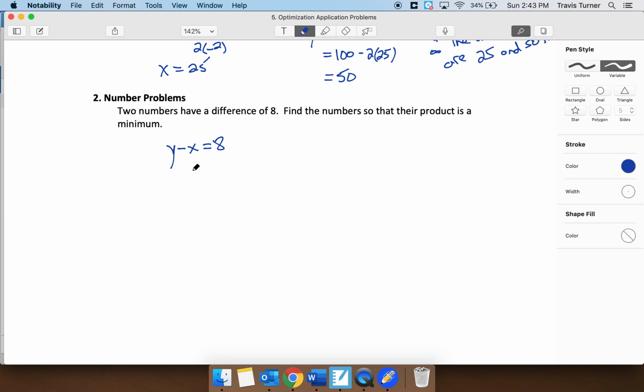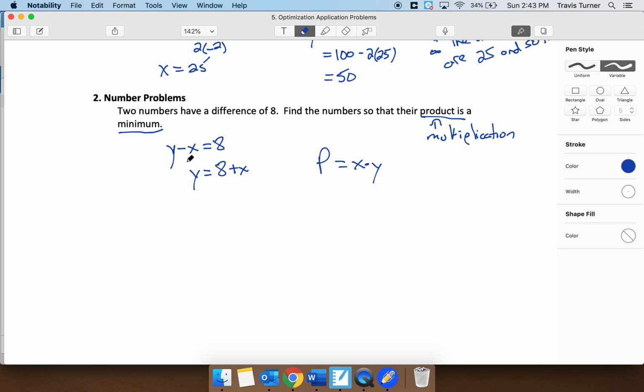So I can rearrange this equation. So I've got y equals 8 plus x. So I can set it up like that. The other part says that the product is a minimum. So remember, product means multiplication. So my product, P, is going to be x times y.